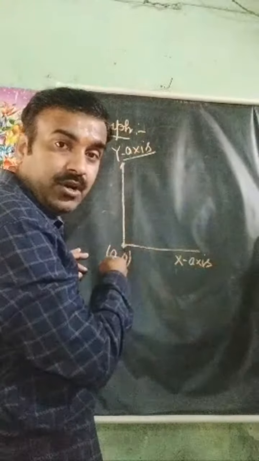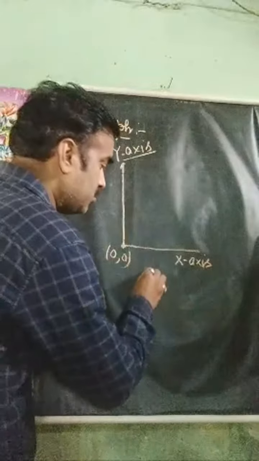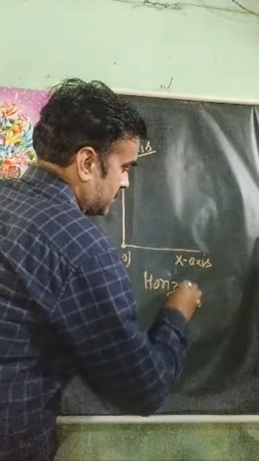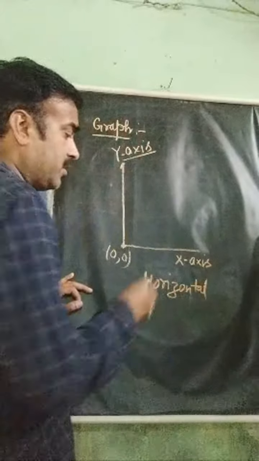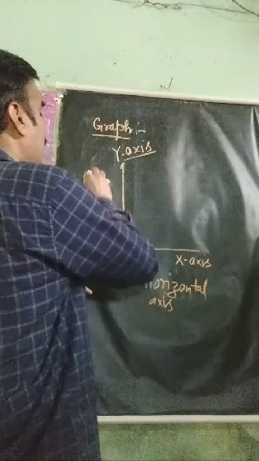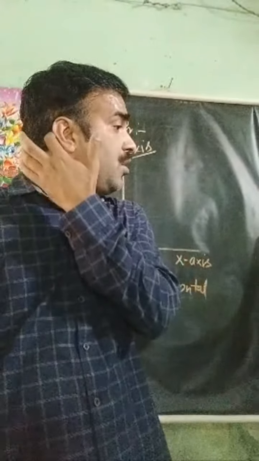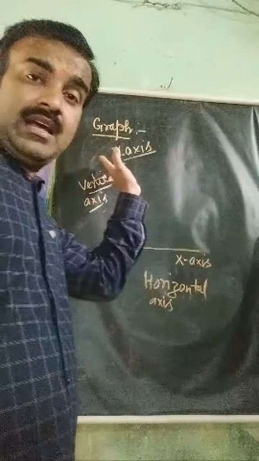From left to right is the x-axis, and from bottom to top is the y-axis. That is the horizontal axis, and this is called the vertical axis. So before starting the graph, this is how we have to choose the axes: this will be the x-axis and this will be the y-axis.